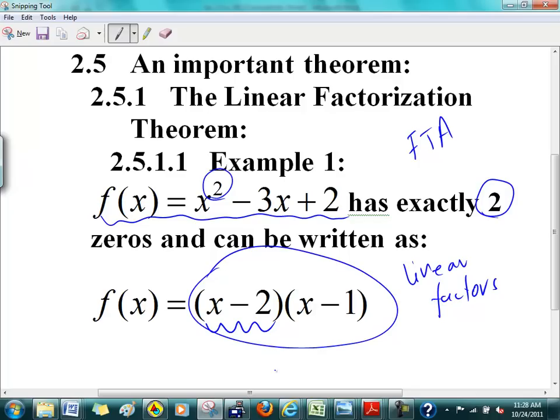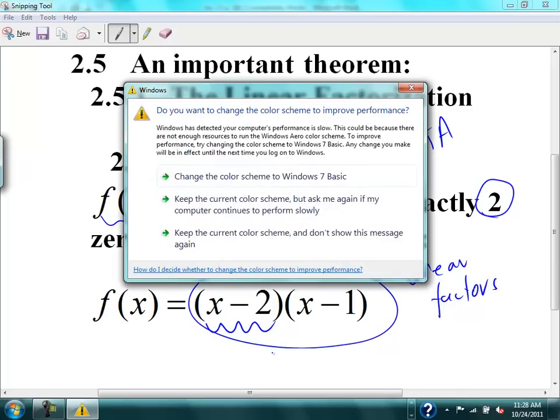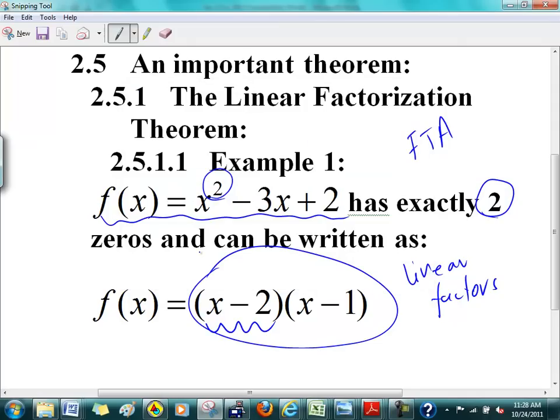Why is it linear? Exactly, Ray, because it's x to the power of 1. That's why it's called linear. So that's essentially what the theorem is telling you.